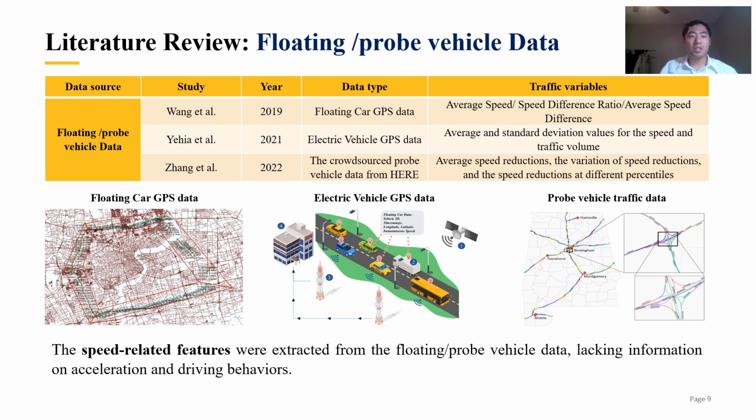As we can see, they are using the floating car GPS data, electric vehicle GPS data, and also the probe vehicle traffic data. But only the speed related features were extracted in these papers, and they are still lacking information on acceleration and other driving behavior.